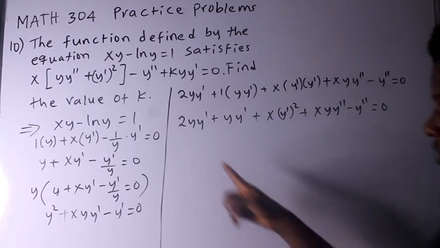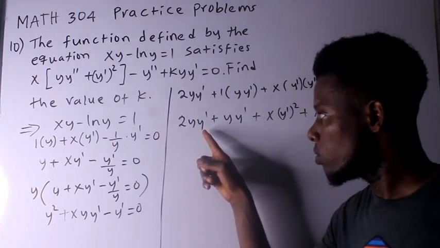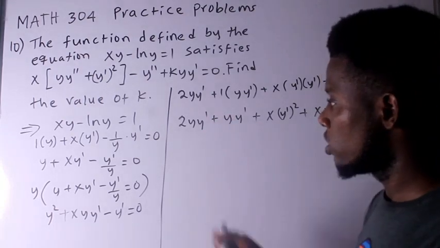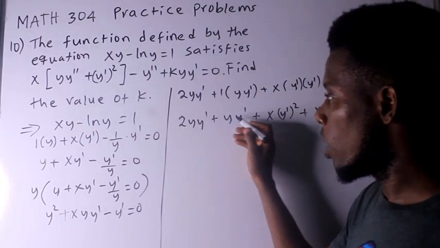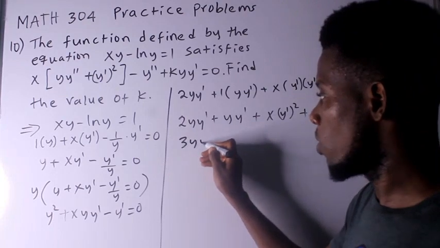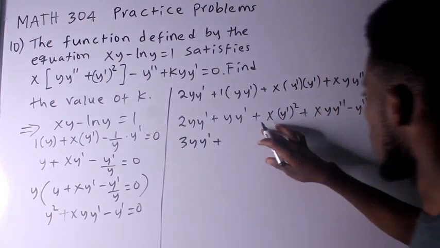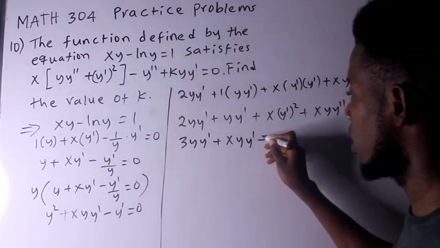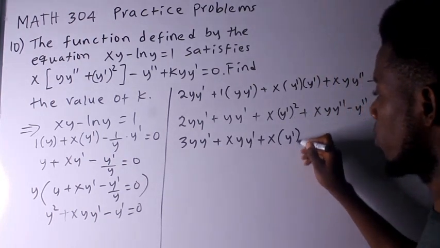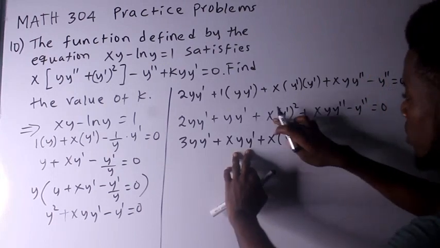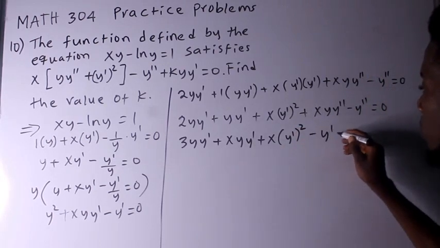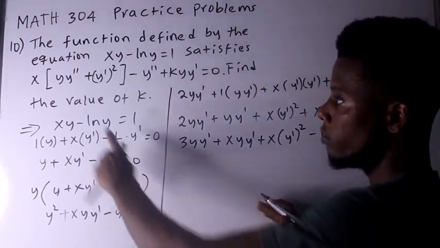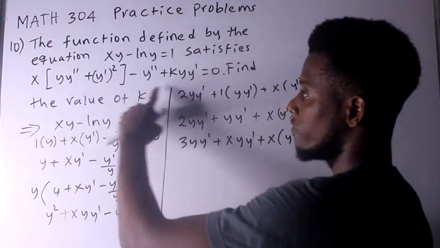Great, we collect like terms. 2y prime plus y prime. Remember the coefficient of this is 1. So 2y prime plus 1y prime is 3y prime. Now I can rewrite this. Rearranging will not be a problem because remember, I wanted to resemble this form.